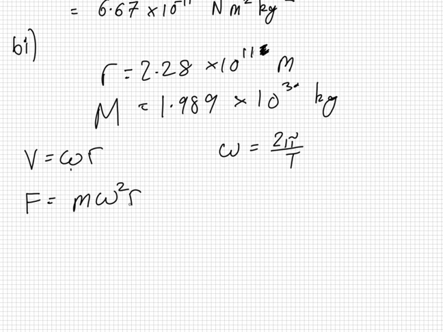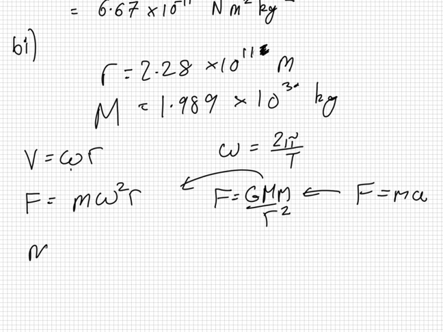Now this actually could work because we can use the formula F equals G m over r squared, together with F equals ma. If I use F equals ma first, I get ma equals m omega squared r, and here I get ma equals G m over r squared.